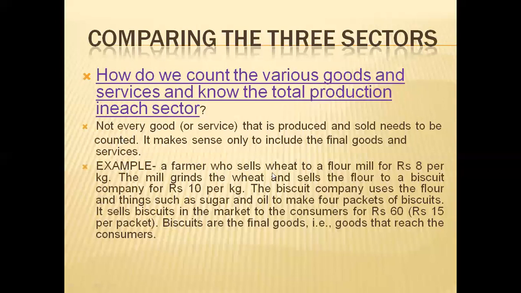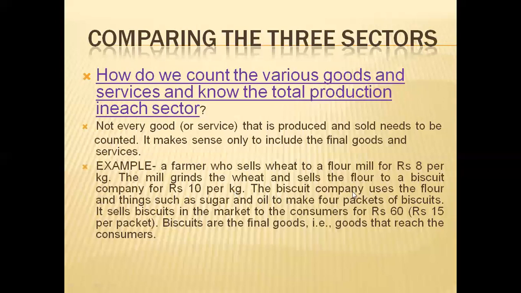A farmer sells wheat to a flour mill for rupees 8 per kg. The mill grinds the wheat and sells the flour to a biscuit company for rupees 10 per kg.